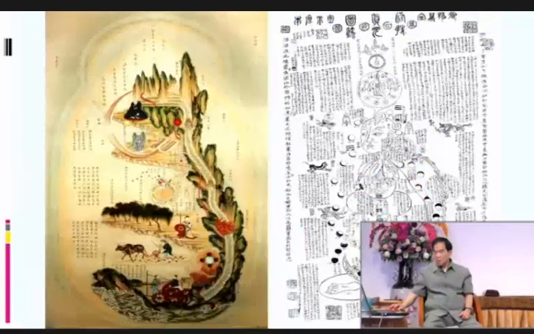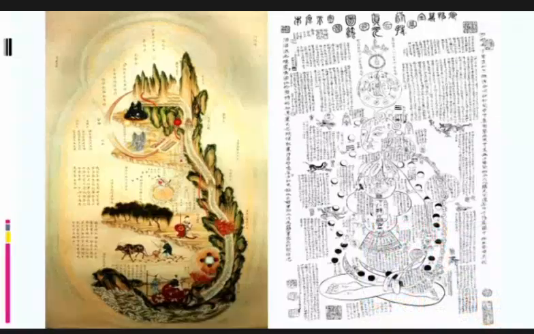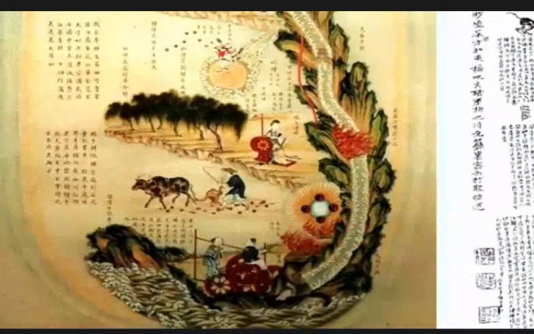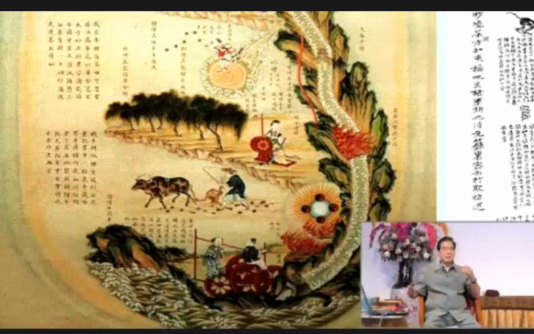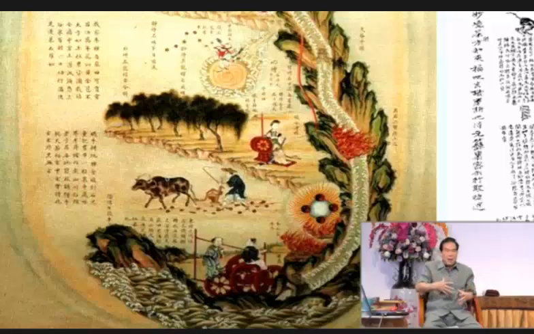So this is the old picture. You see, they must have known that a generator, or the idea, is somewhere producing the energy, the chi.